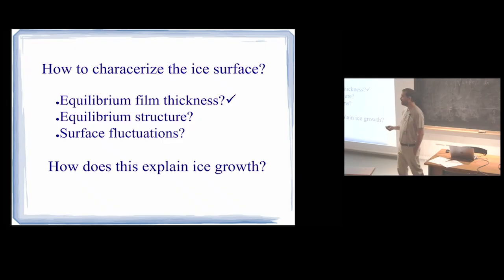And why do I care about surface fluctuations? Because if I study surface fluctuations, and this is a general principle in physics, I always get information on the linear coefficients which dictate the close to out of equilibrium behavior. Those coefficients are always contained within the fluctuations that you observe in equilibrium.